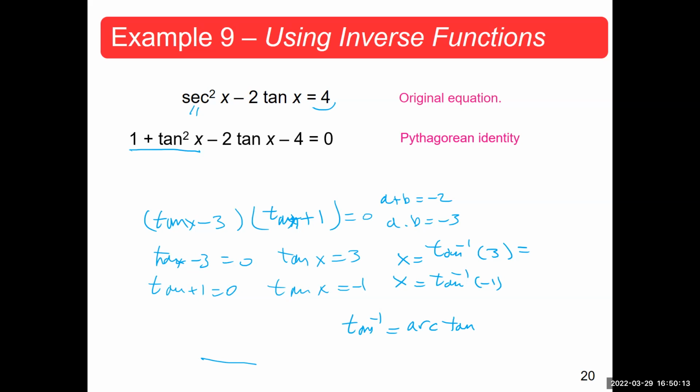Do you know how to change the default of the angles? What did you get, Maria, for tangent inverse of 3? 1.24. Well, this is radian. If I ask you how many pi is that?